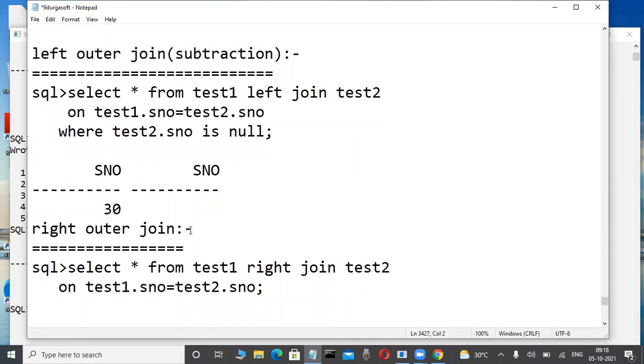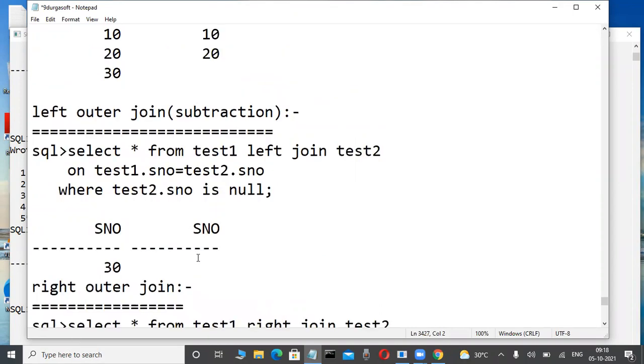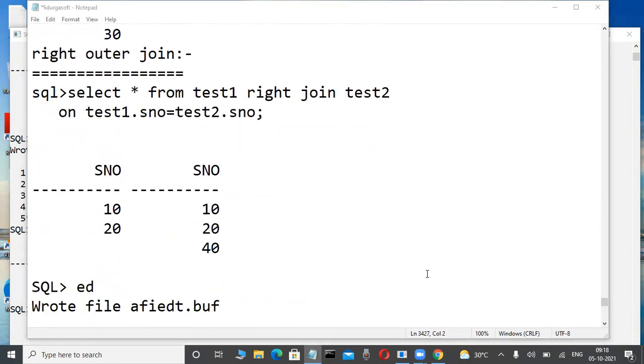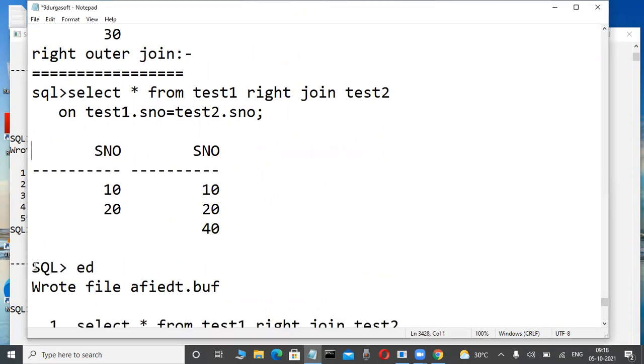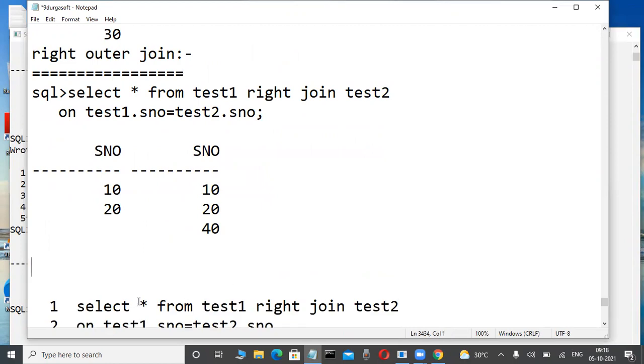Finished left outer join subtraction. Now right outer join: the right side table gives all the rows, the left side table gives matching data, and non-matching rows get null values. Very easy.